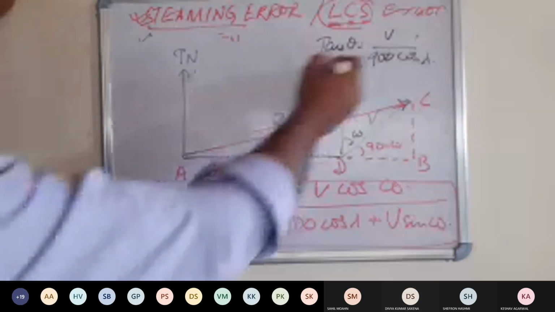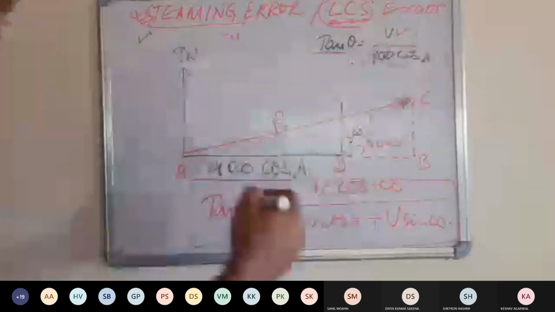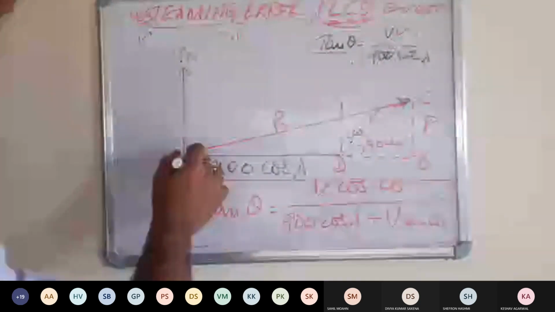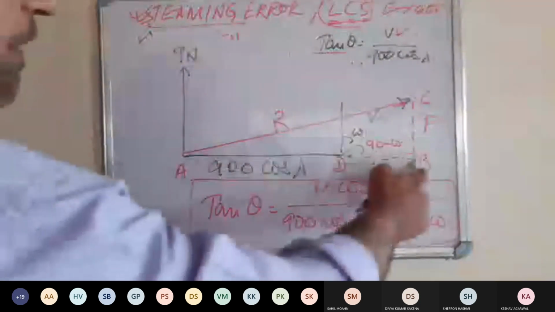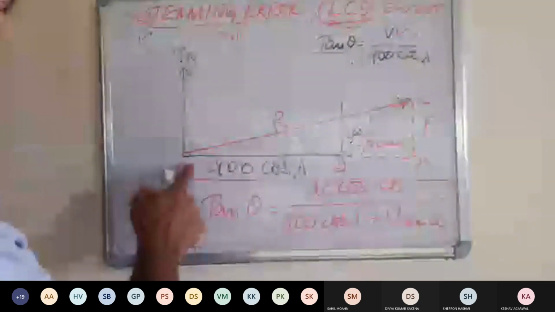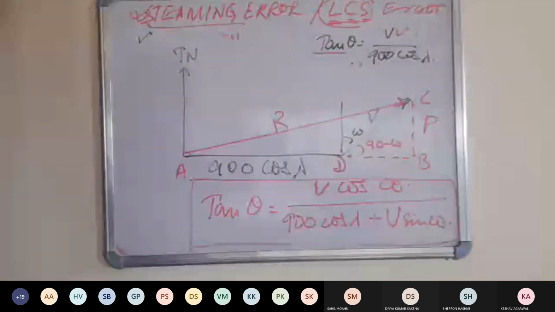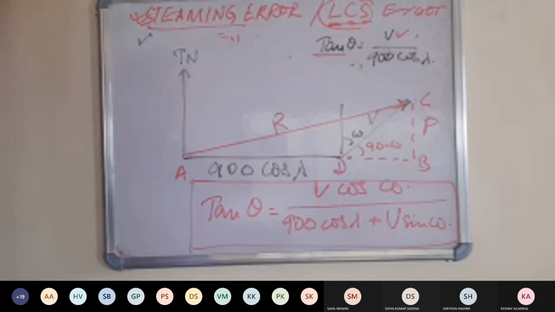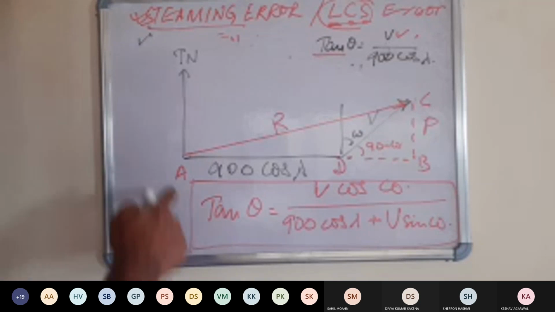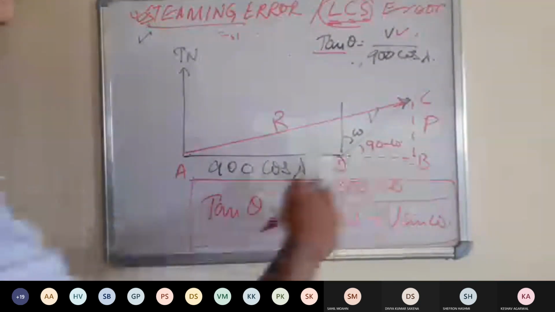We know tan theta is equal to B. B was what? Perpendicular by base, A to B. So AB is equal to AD plus BD, correct? AB is equal to AD plus BD.